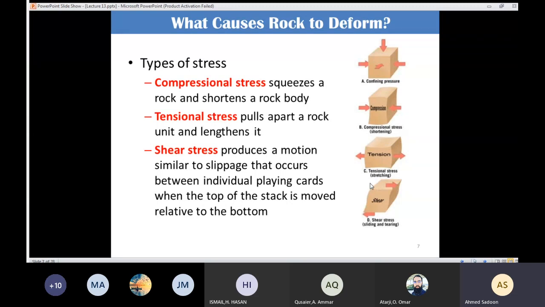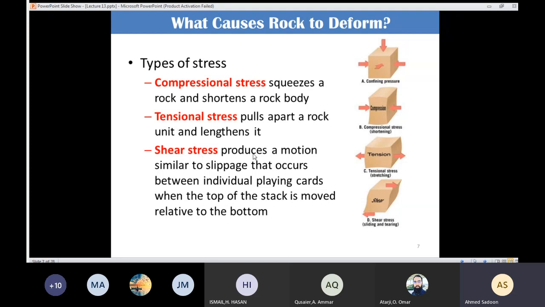So we are going to have relative movement. This part is going to move relative to that part. Originally that point was here, and because of the stress at the top of the rock, it moved from that point to that point. If we have something like that, we call it shear stress.